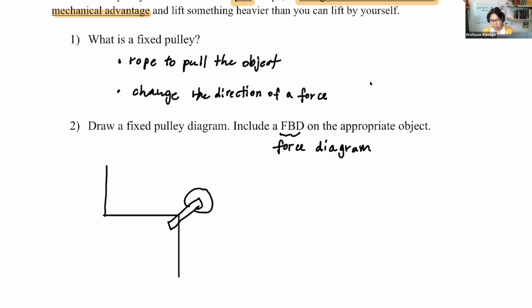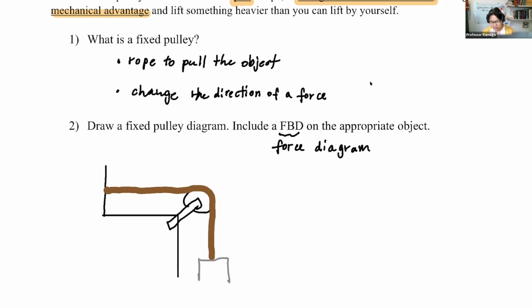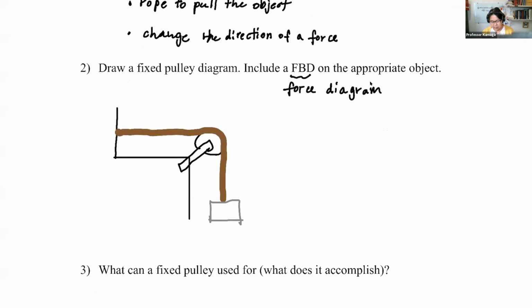The rope is hung to change its direction, and the object, let's say like this, mass.